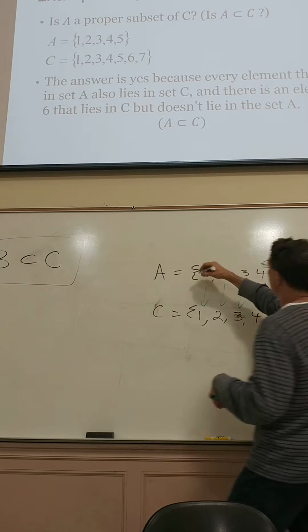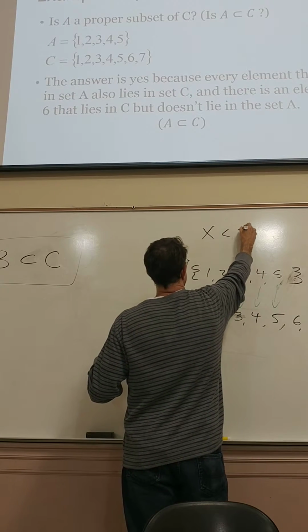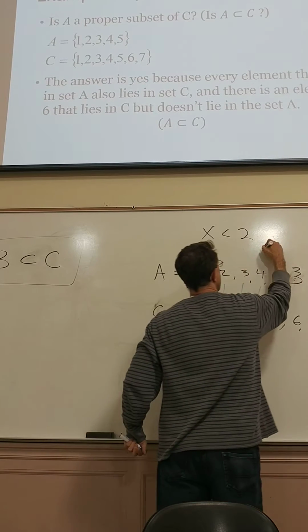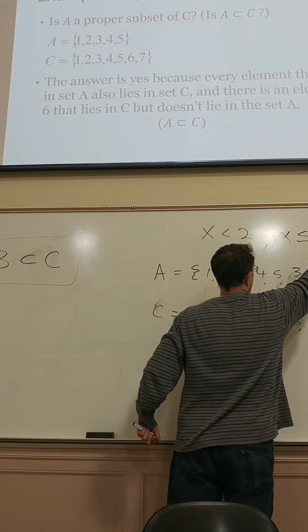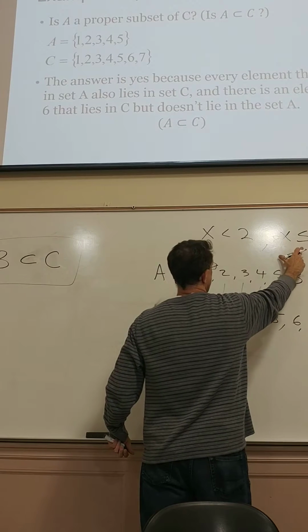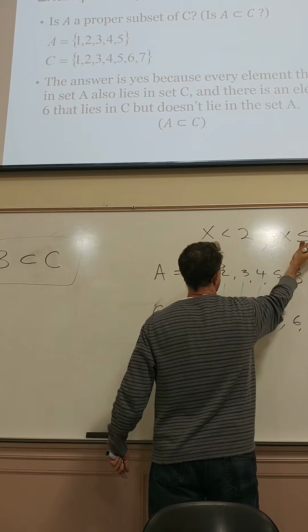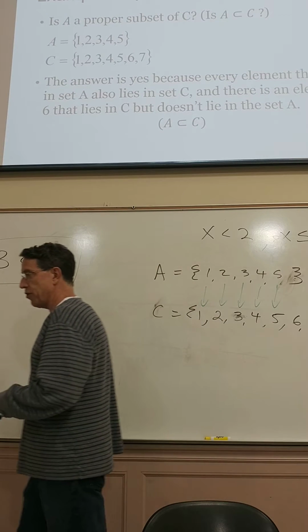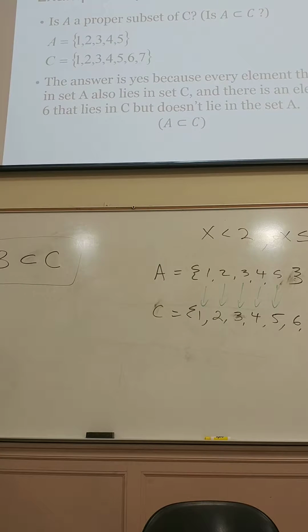Much like when you're in algebra, this is x is strictly less than 2. The bar, if I have it there, will be x is less than or equal to 2, which means it includes 2 as well as all numbers less than 2. So that bar symbolizes inclusion, which means in this case, with a subset, it can be the set itself.